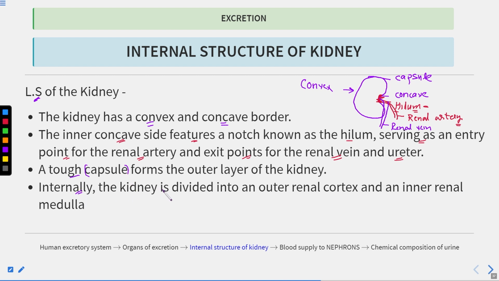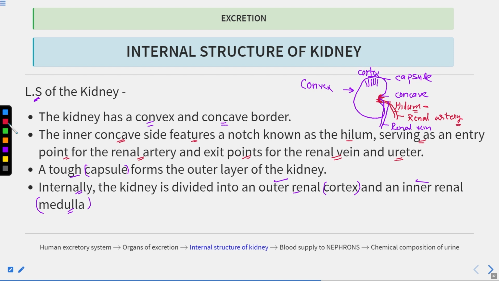Now internally, the kidney is divided into an outer renal cortex and an inner renal medulla. So the kidney has 2 regions: one is the cortex and another one is the medulla. The cortex is the outer region and the medulla is the inner region. So here you can say this region is the cortex.